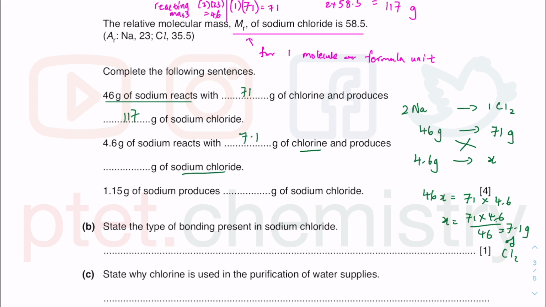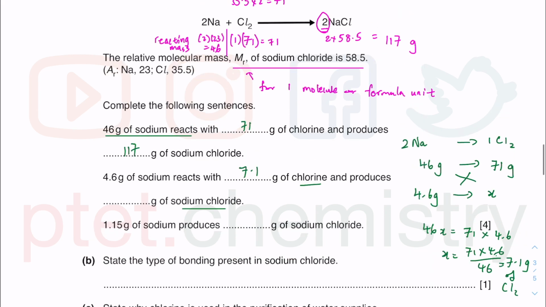How about sodium chloride? We go back to our equation and relate back the sodium and the sodium chloride. So the 2Na going to the 2NaCl, the 46 gram giving me 117 gram. So 4.6 gram gives me how many gram of these? Cross multiply. 46Y is equal to 117 times 4.6.